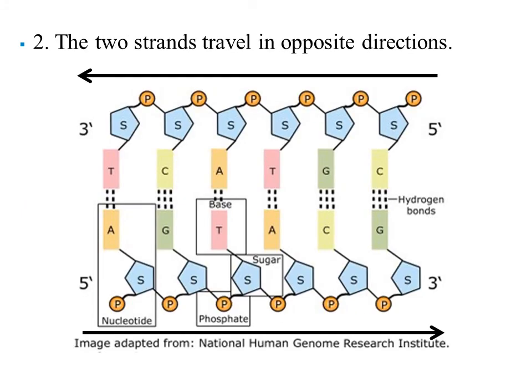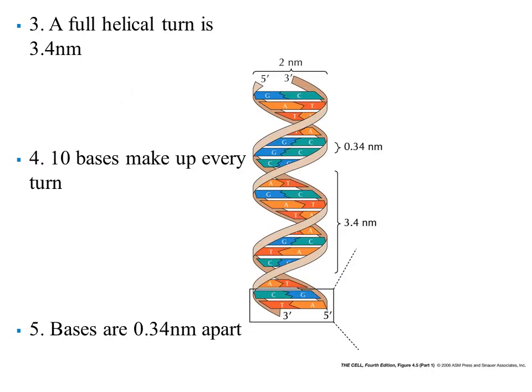Number 2, the 2 strands travel in opposite directions. Therefore, it is anti-parallel. Number 3, a full helical turn is 3.4 nanometers in length. Number 4, 10 bases make up every turn.